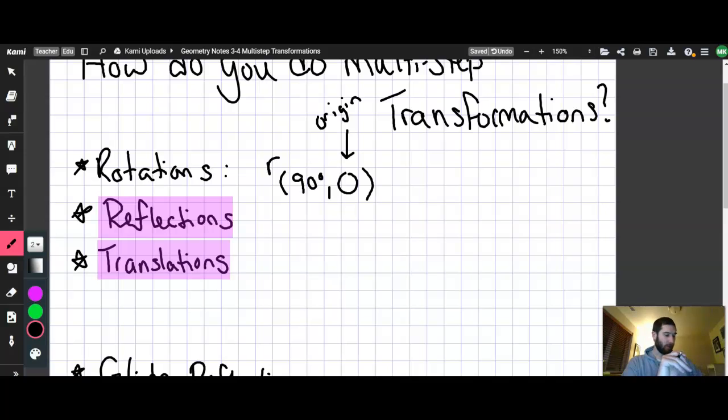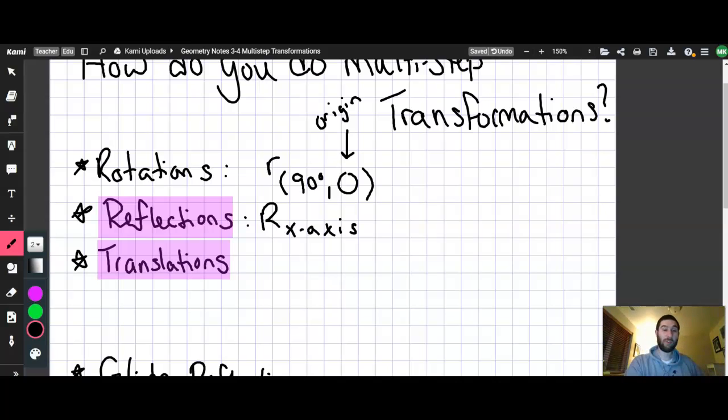Now, when we talk about reflections, they'll use a capital R, and then in the subscript, they'll tell you the line that you're reflecting around. In this case, I'm going to write the x-axis there. That's not how you spell axis. Versus the y-axis.